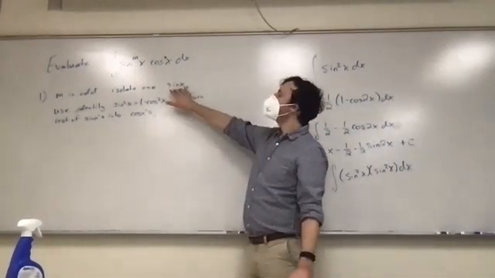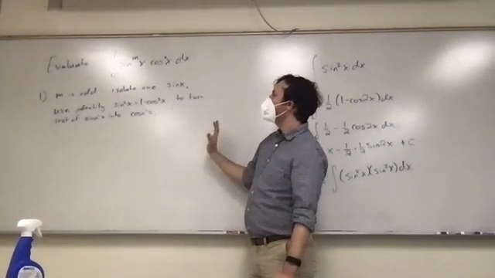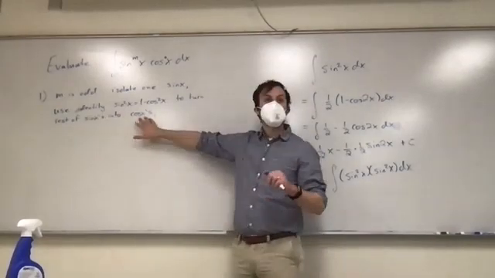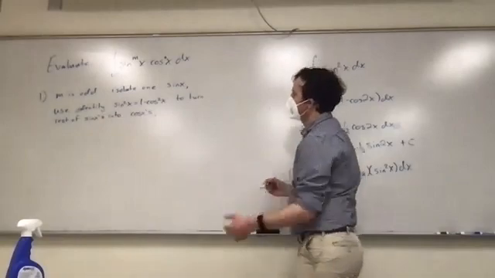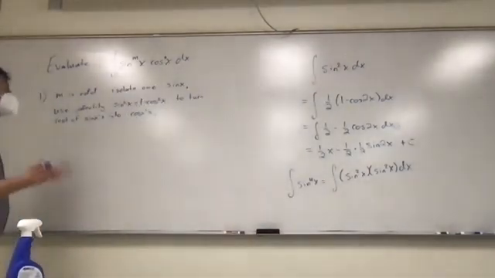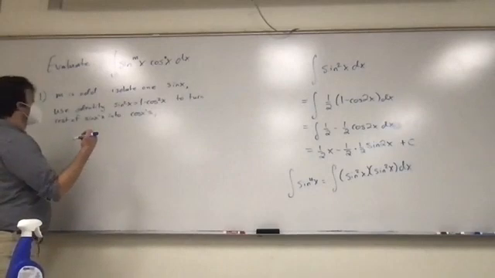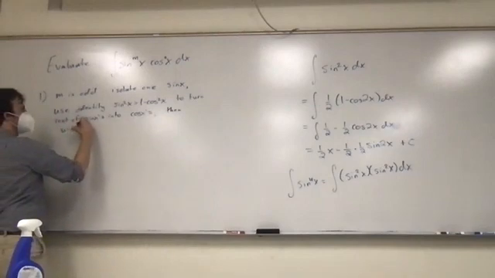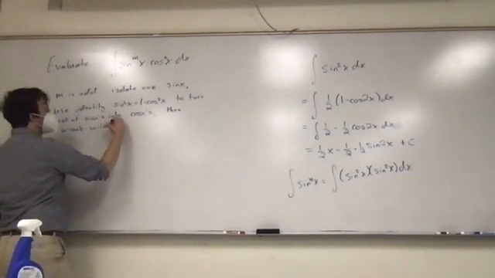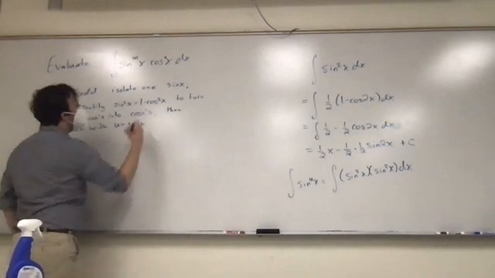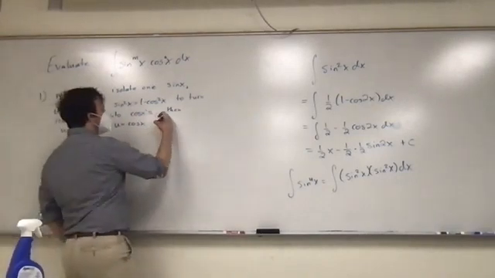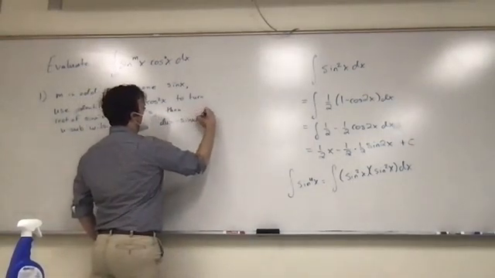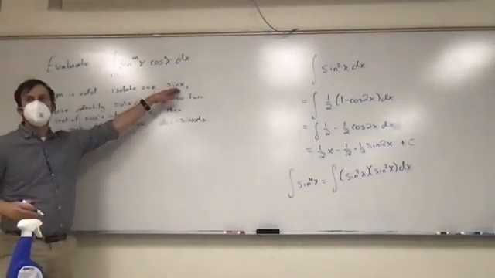Then you can do u substitution with u as all of the cosines, and du is negative sine x, the sine you set aside from the very beginning.